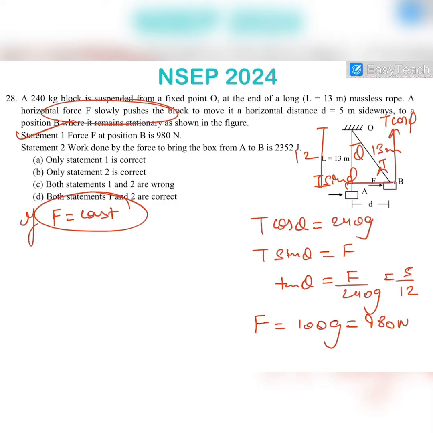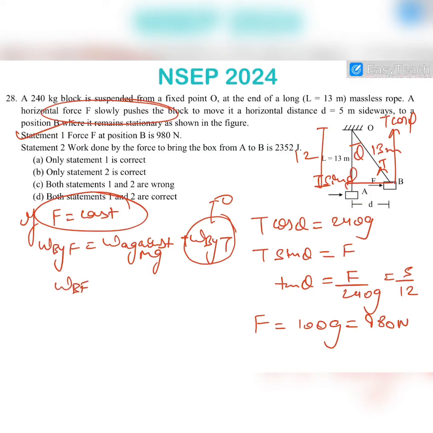This means the work done by F will be equal to the work done against mg plus the work done by T. Work done by T will be 0 because tension is a radial force, always acting in the radial direction. So the work done by F will be equal to the work done against mg, which is mgh.